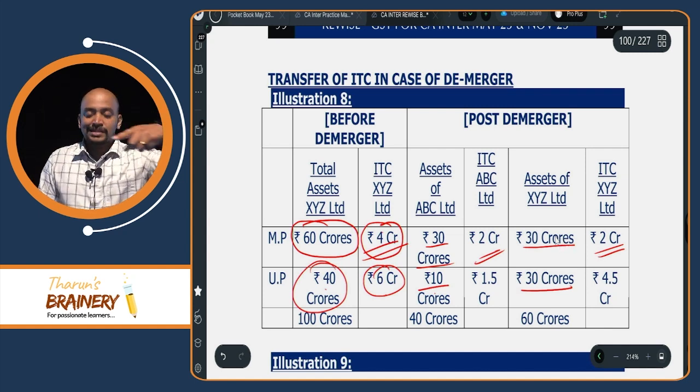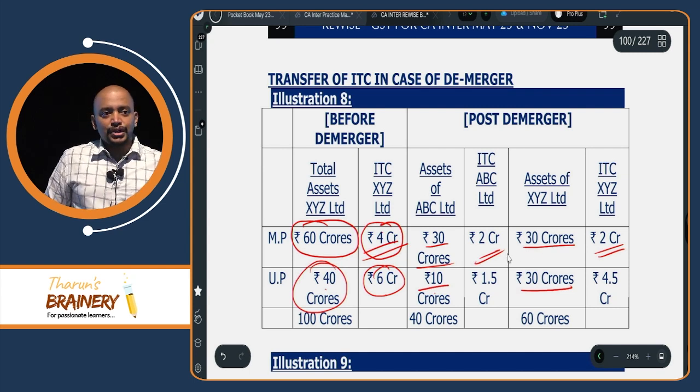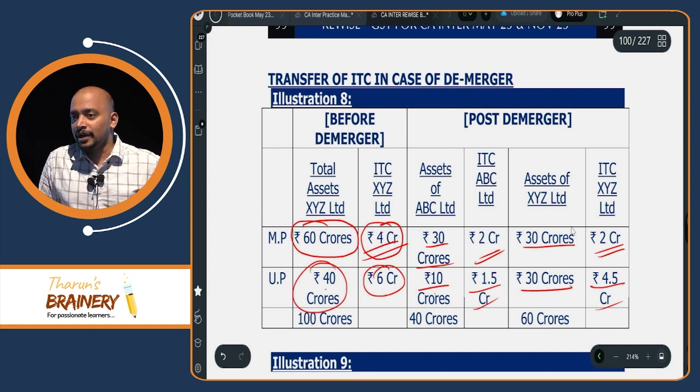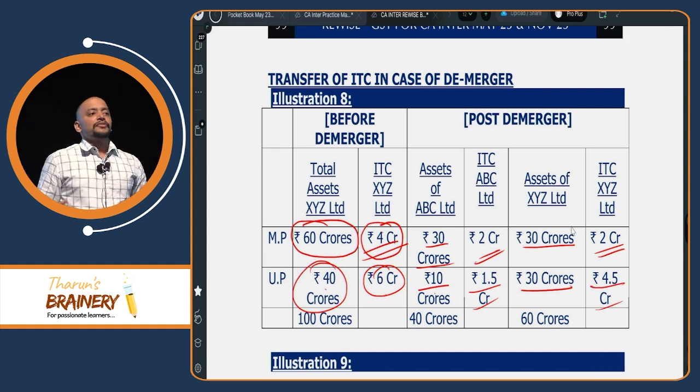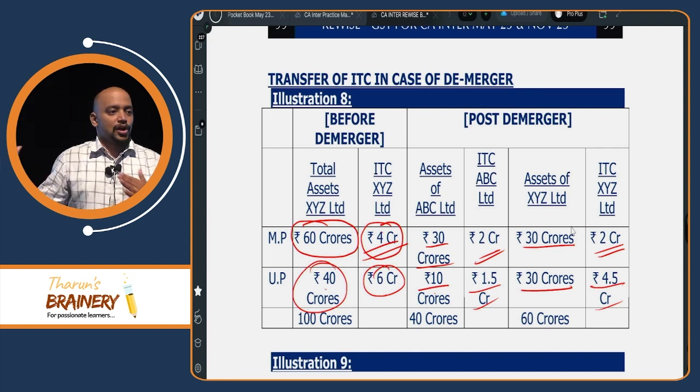So please calculate. 6 crores into 1 by 4, 1.5 crores to ABC, 6 crores into 3 by 4, that is 4.5 crores to XYZ. Understood or not? So state wise, we need to take the assets ratio and distribute the credit accordingly.